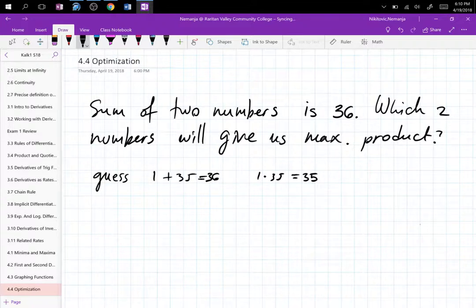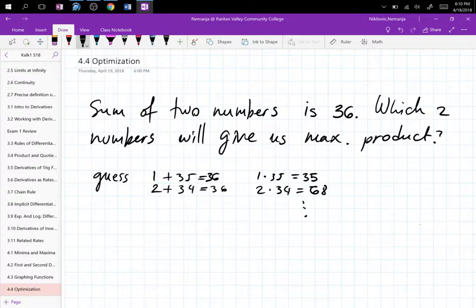That will work. 2 plus 34 is also 36, but 2 times 34 is 68. Wow, 68 is much better than 35. And you get to continue this trend, and you have to guess. So is there a way to actually use calculus to solve this quickly?